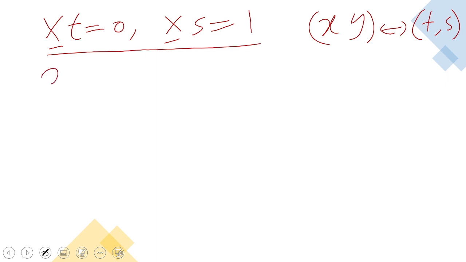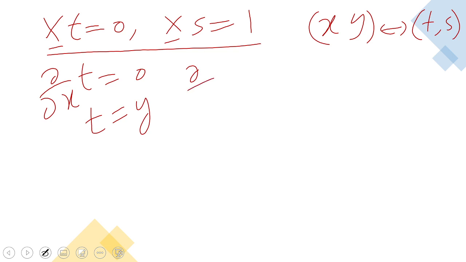So you see partial by partial x of T equal to 0. What does that mean? T is y. And partial by partial x of S is 1. What does that mean? That S is in fact x. So my T is y and S is x.